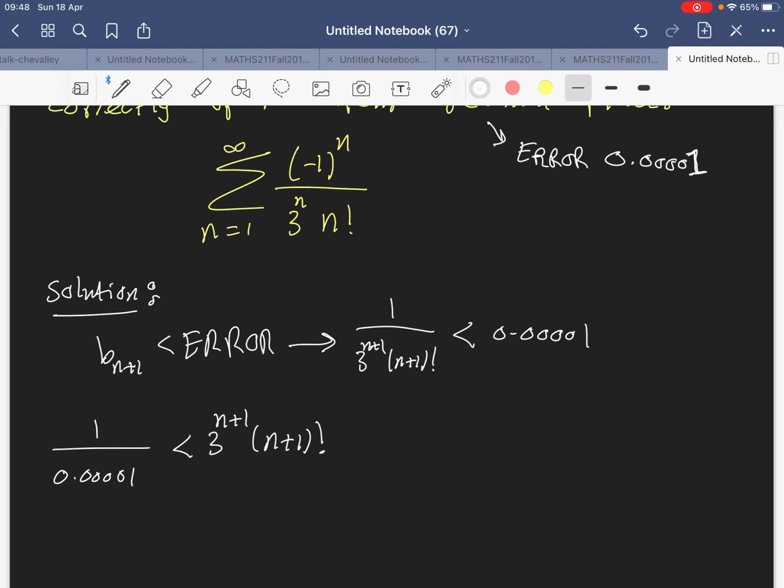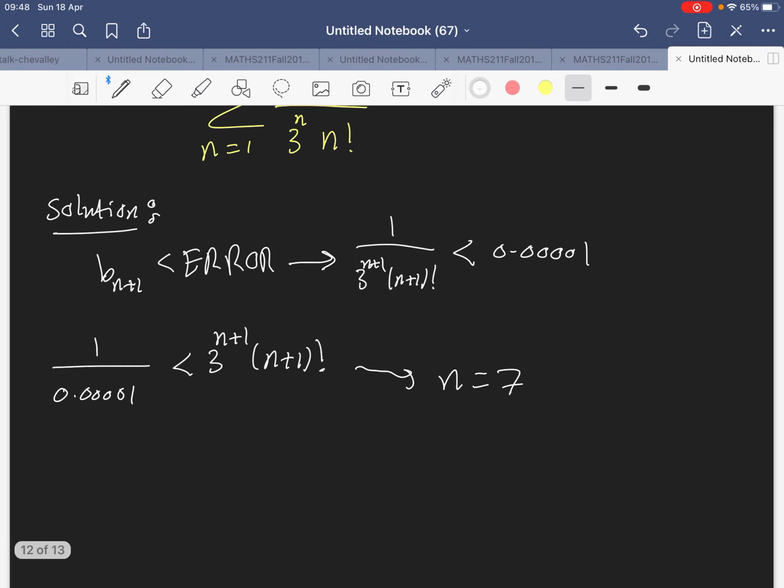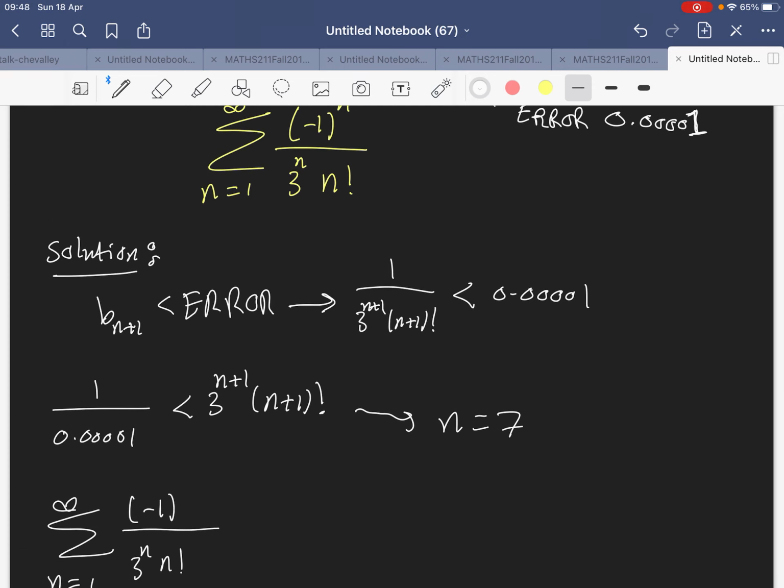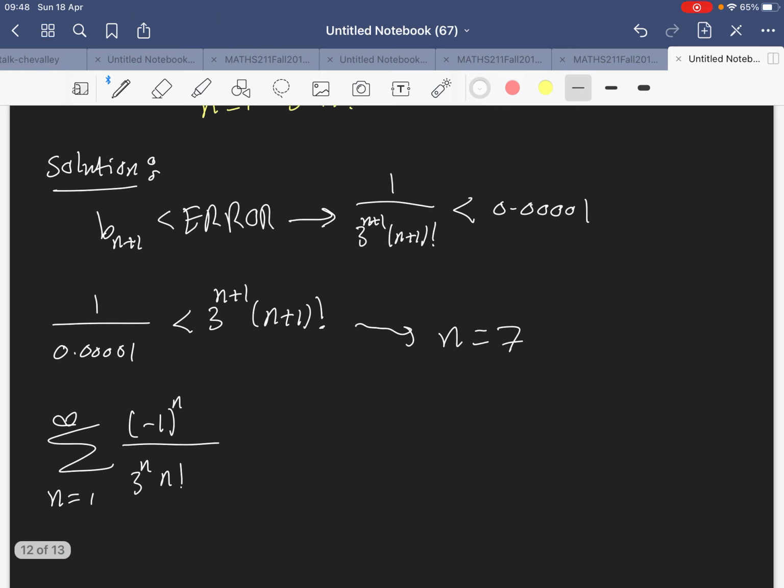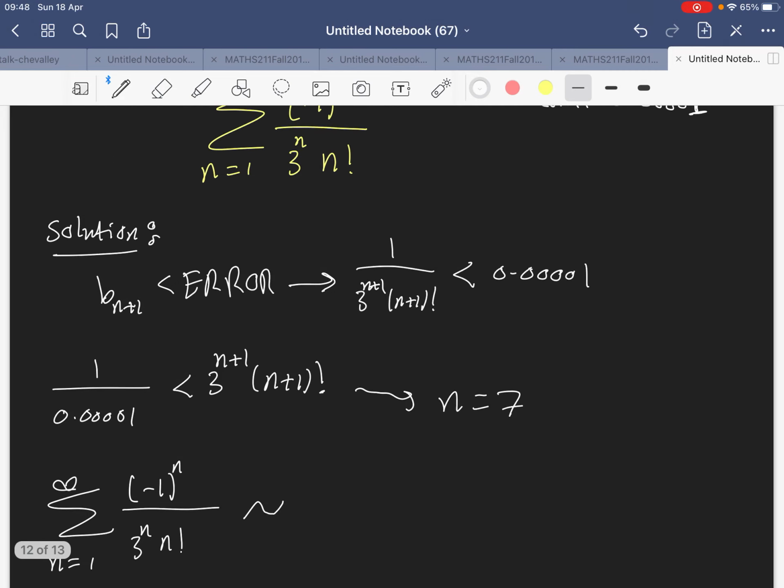And let's say the answer is 7. Most probably yes, 7 could work fine. So I'll just go ahead and say it's 7. Maybe less, but 7 I think it will work. Now, if n is 7, all you need to do is say that your series, -1 to the n, is approximately, and then you start adding from 1 to 7.